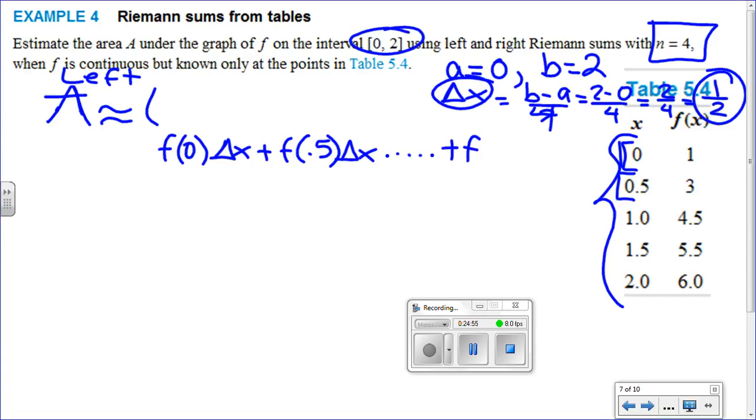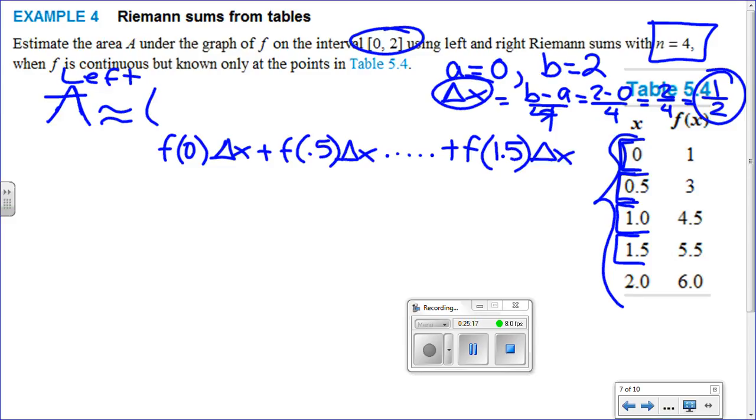So these are my first, second, third, and fourth left points. The last one will be 1.5, and then delta x.